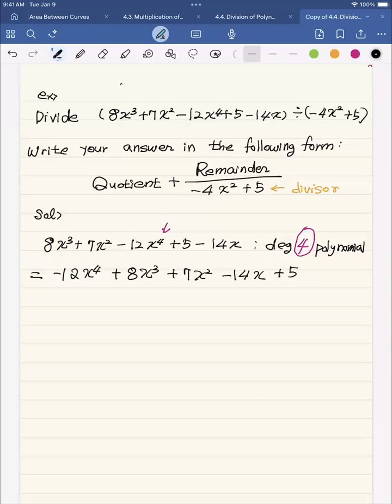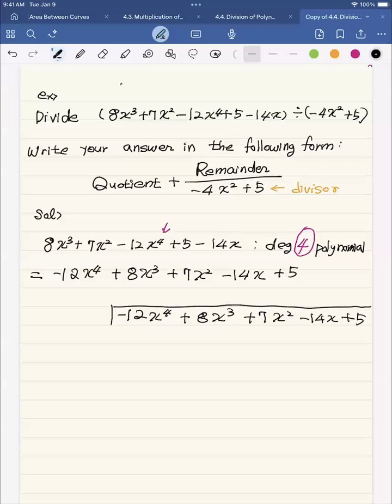And then we do something similar to what we did with numbers. Let's copy negative 12x to the fourth power plus 8x cubed plus 7x squared minus 14x plus 5.